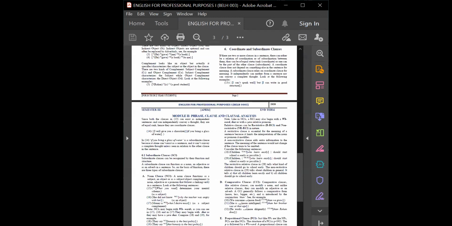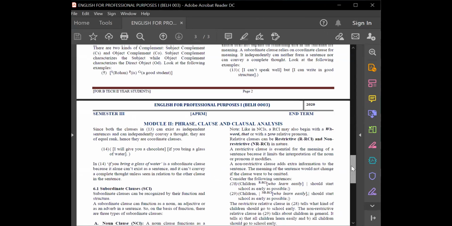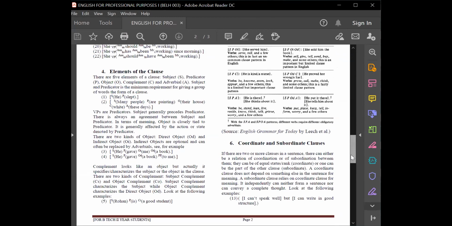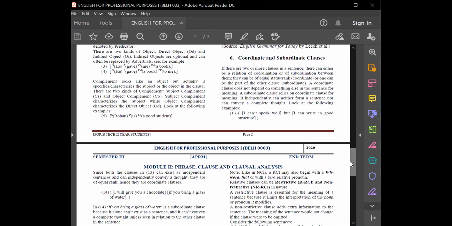So let's take on what exactly the things are which are left to be discussed. As we discussed the structure and the elements of clauses in the previous class, let us talk about the types, how clauses can be understood, right?